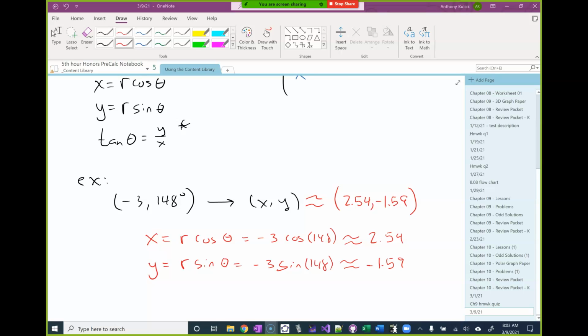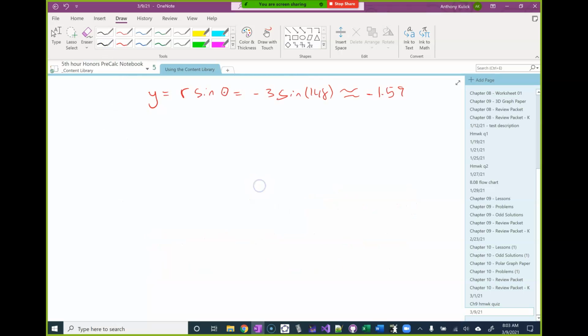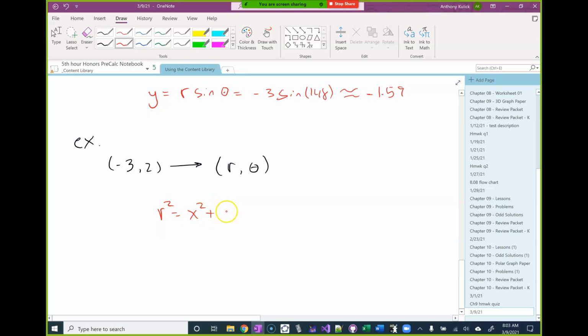Let's go the opposite direction and take a rectangular coordinate and translate that to a polar coordinate, by finding the r, because I know I can just use the Pythagorean theorem to do that. So that's the square root of 13 or something.